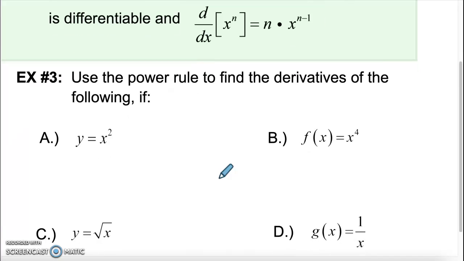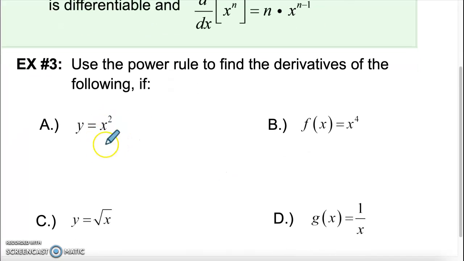So for example here, if I have y equals x squared, the derivative of that would just be 2, bring the exponent down, and then subtract 1 from the exponent. So 2 minus 1 would be 1, so 2x to the first, which we could just write as 2x.